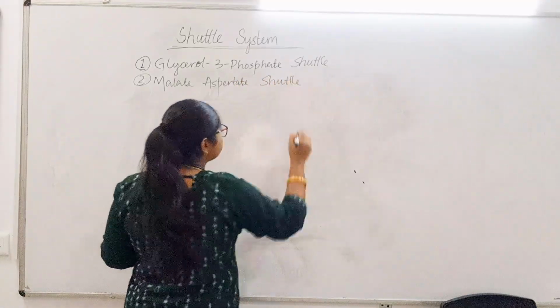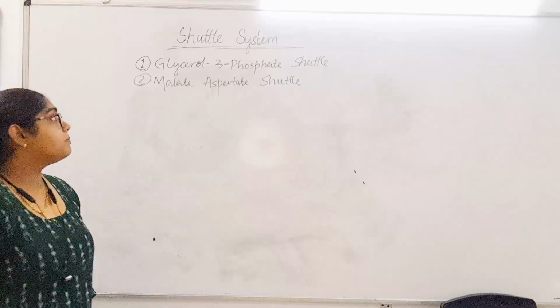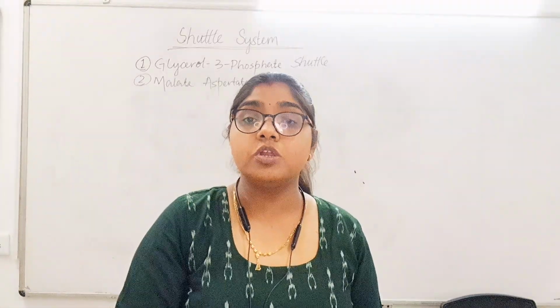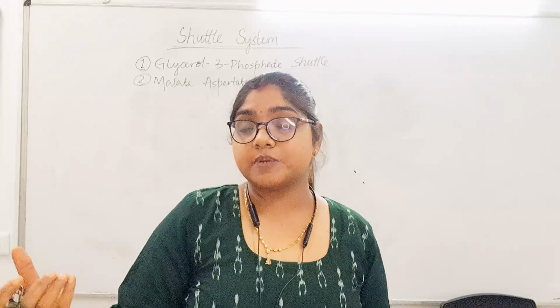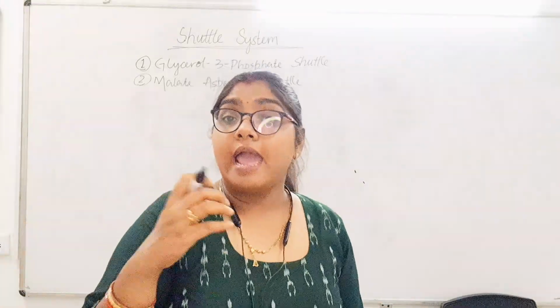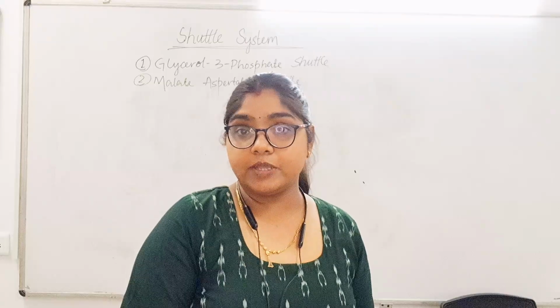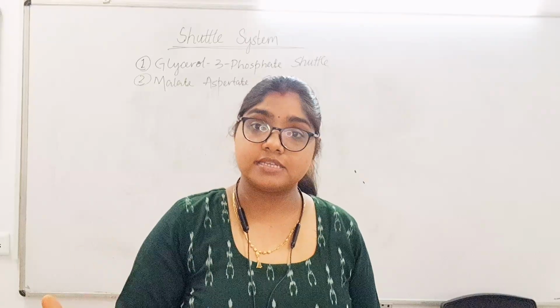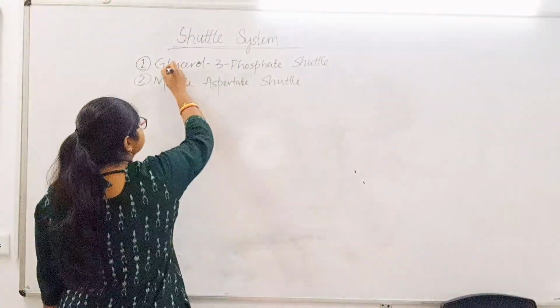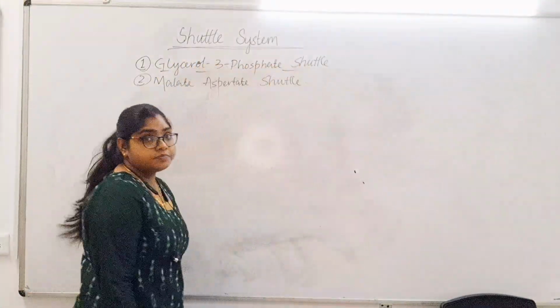Okay, there are two main shuttle systems that help in transporting the NADH molecule to the electron transport chain that is present in the mitochondria, and here it regenerates the NAD plus and also helps in synthesizing the ATP molecule. So let's begin with this glycerol 3-phosphate shuttle.